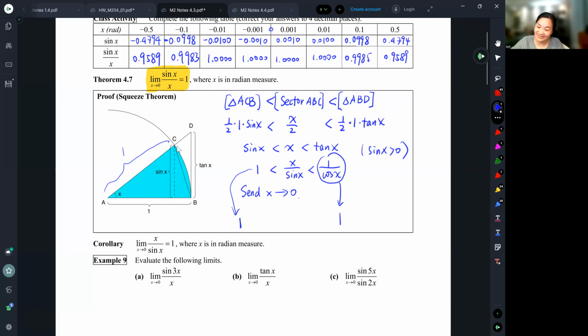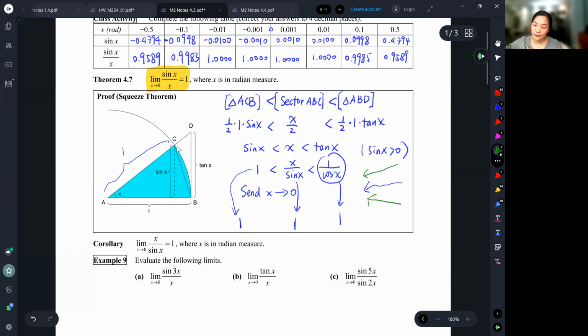You know what I mean? This is like a squeeze. What I mean is that my function is between these two. There are 2 other functions, one is above me and one is below me.